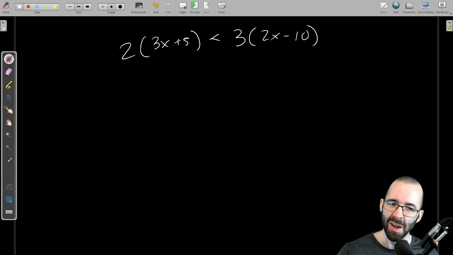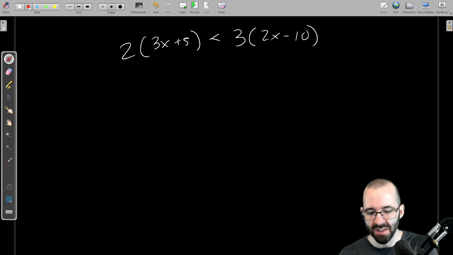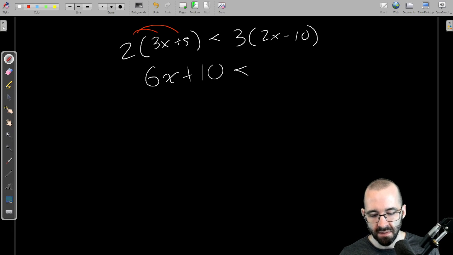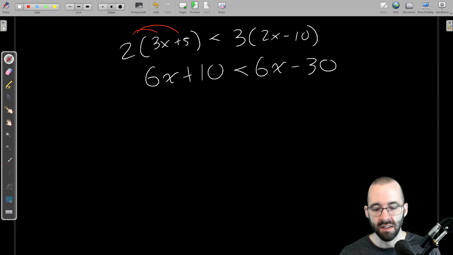We want to simplify both sides first, just like solving an equation, and then get the x's by themselves. When we distribute, 2 times 3x is 6x, plus 2 times 5 is 10. And we need this to be less than 3 times 2x is 6x, minus 3 times 10 is 30. Let's move the x's over to the left.